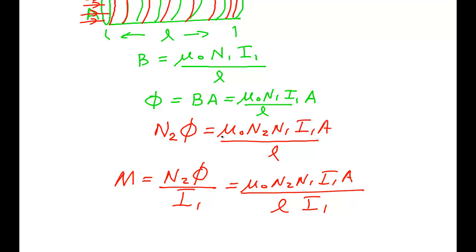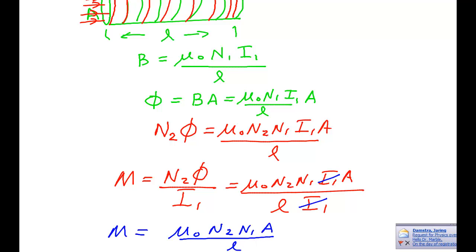And we can cancel the current I1, and we get a value that depends only on the geometry of the problem. Mu naught N2, number of turns in the first coil, N1, the area divided by the length. Now you can also rewrite this if you prefer. It's mu naught little n1, little n2 times the area times the length.